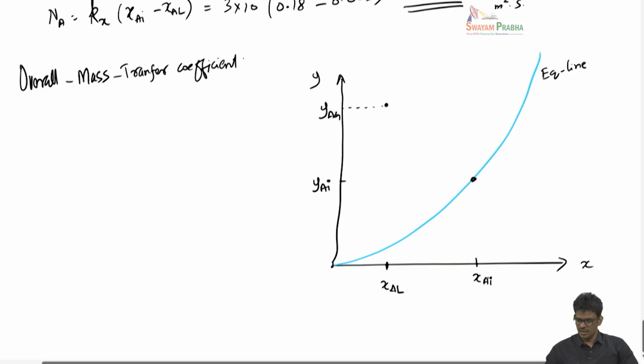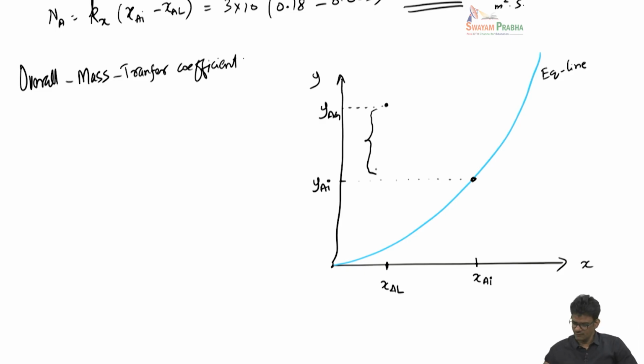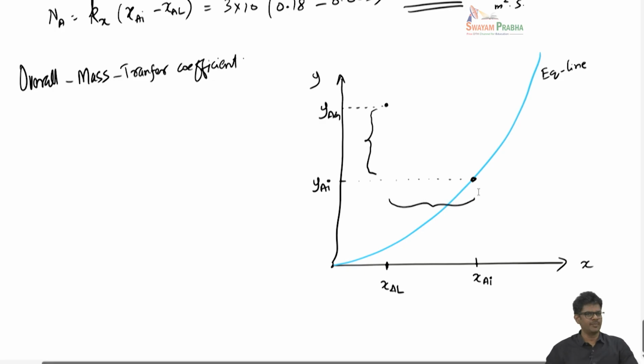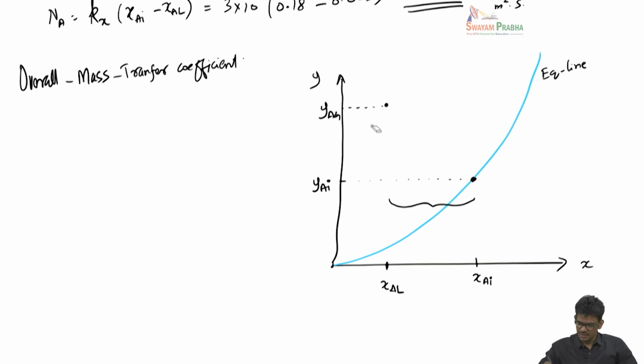Now in our analysis just now we used this particular driving force YAG minus YAI to calculate the mass transfer, or we used this particular driving force which is XAL minus XAI, right? The two driving forces we have used. Now instead of using this interfacial concentration, we may be able to use a different kind of driving force.